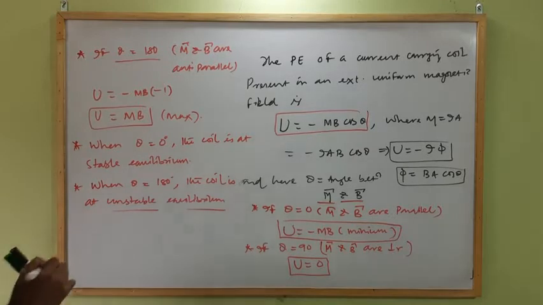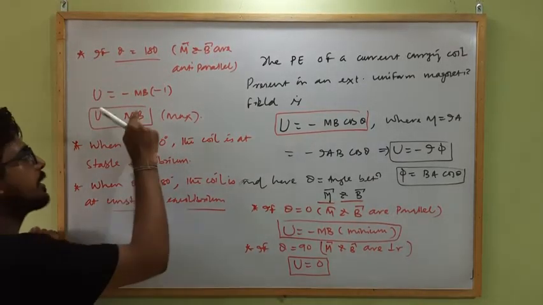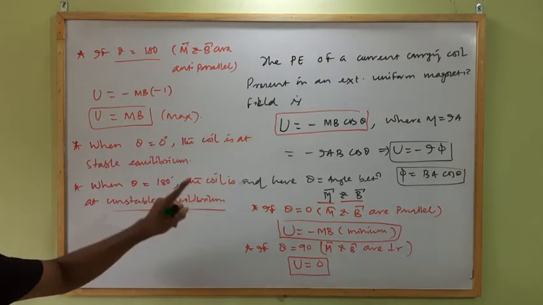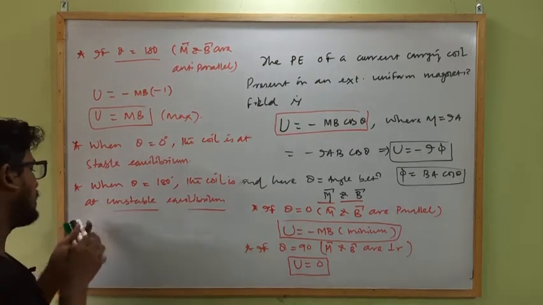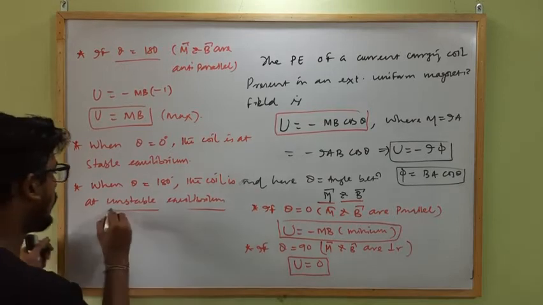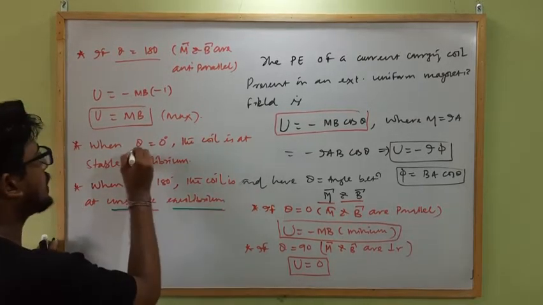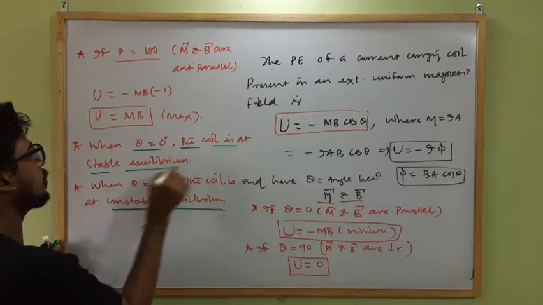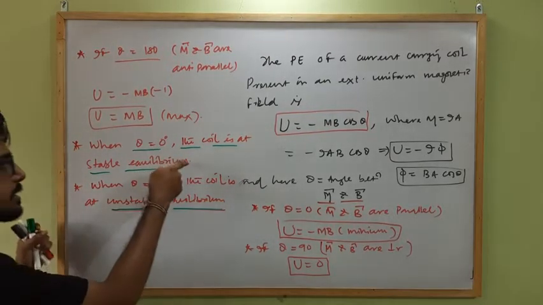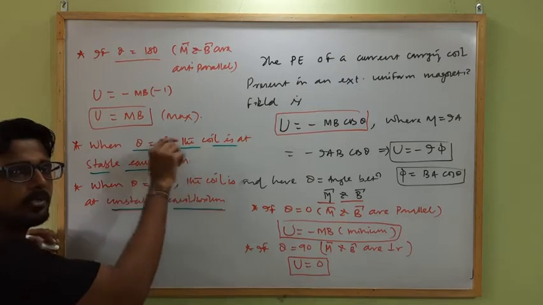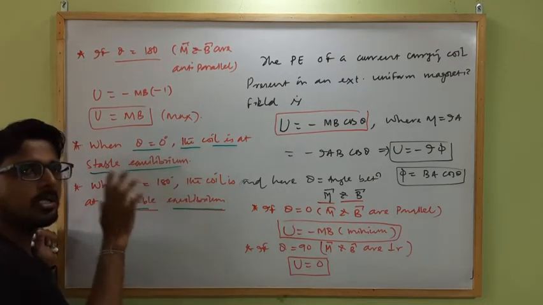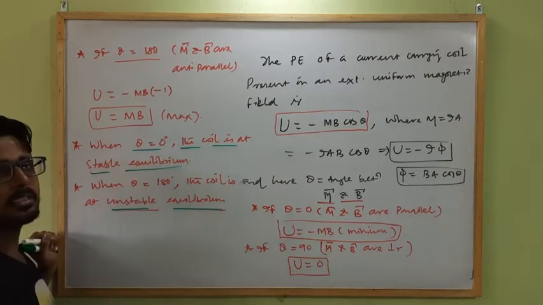That means when the magnetic dipole moment and external magnetic field direction are anti-parallel to each other, at that instant the coil is in unstable equilibrium, and when theta is 0, both are parallel. That means the B direction and M direction are parallel, the coil is in stable equilibrium. So in this case, if we disturb the coil, it will again regain its initial position. But in unstable equilibrium, if we disturb the coil, it permanently gets disturbed from its initial position.